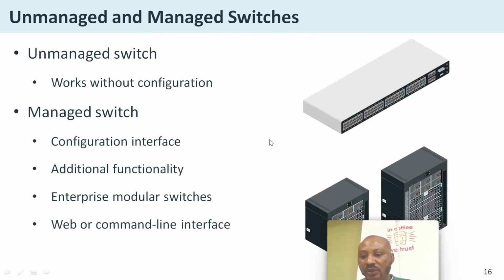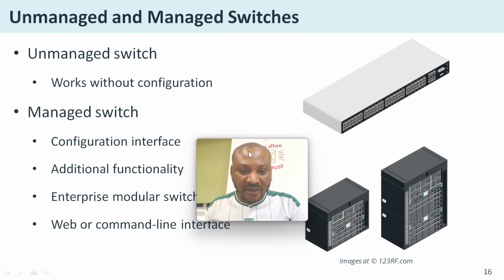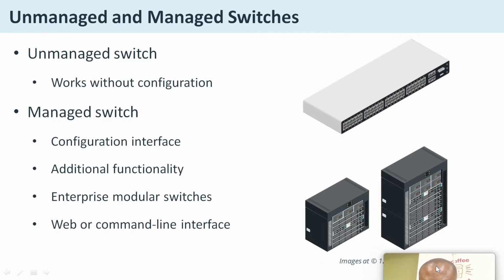Okay. So we have a few things that I want to talk about here. So we have managed and unmanaged switches. I explained switches now, right? So we have two types of switches: managed switches and unmanaged switches.